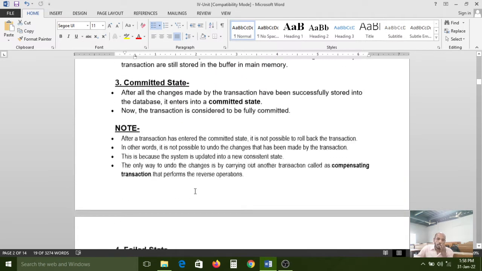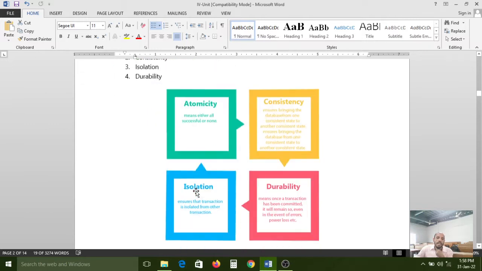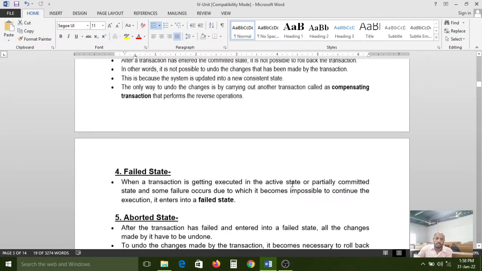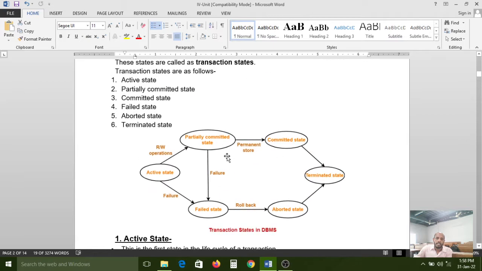Now let us understand the atomicity property. It states that all operations of the transaction take place at once. Nothing but if any transaction is initialized with one task, with one operation, from the active state to the terminated state, whether the entire transaction is successful or not, the atomicity property will observe.